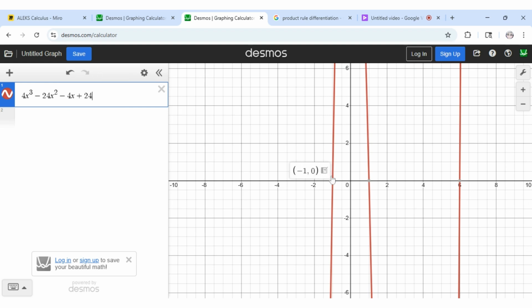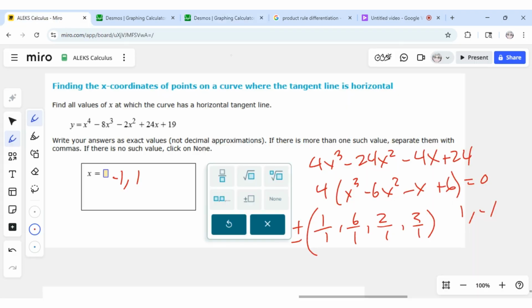And you can see we've got negative 1, we've got 1, but we've also got 6. And so if I had plugged in 6 here and cubed it, and done all that calculation, I would have gotten a 0 there as well. So I think it's okay to use a graphing calculator in that way. So if you're in my class, you've got my permission to do that.